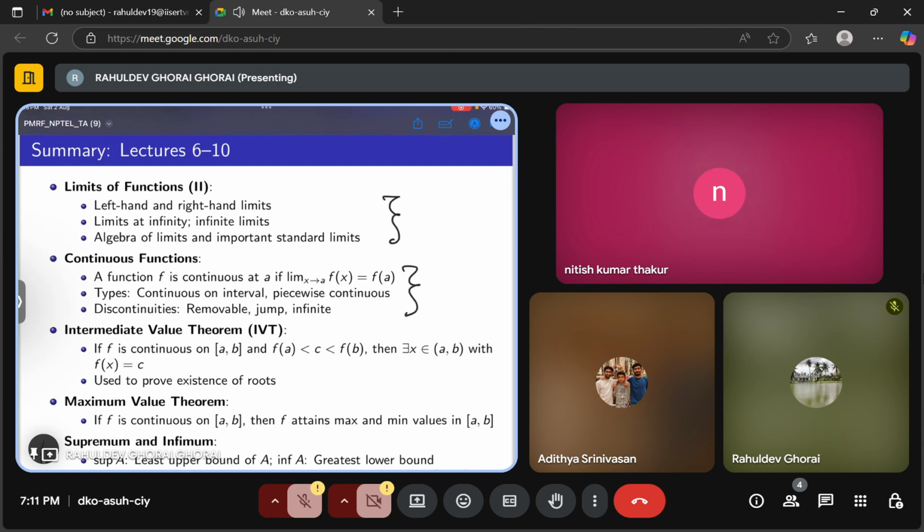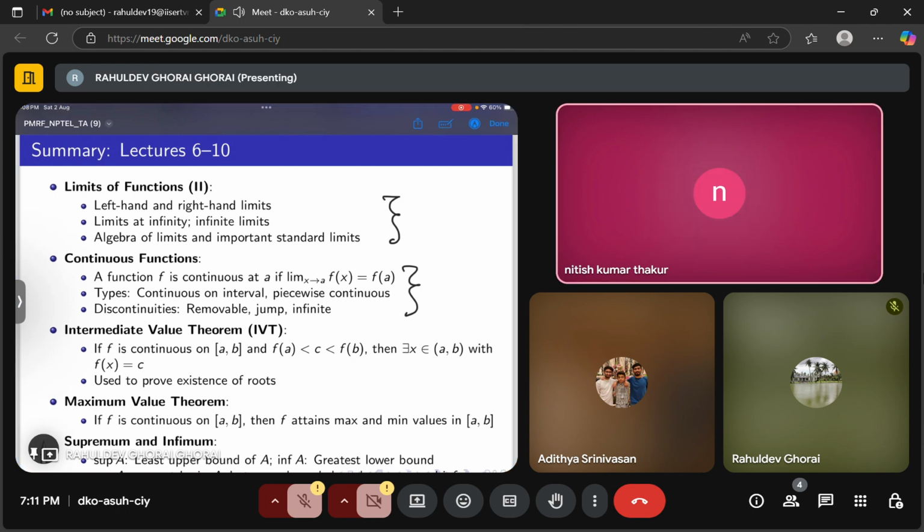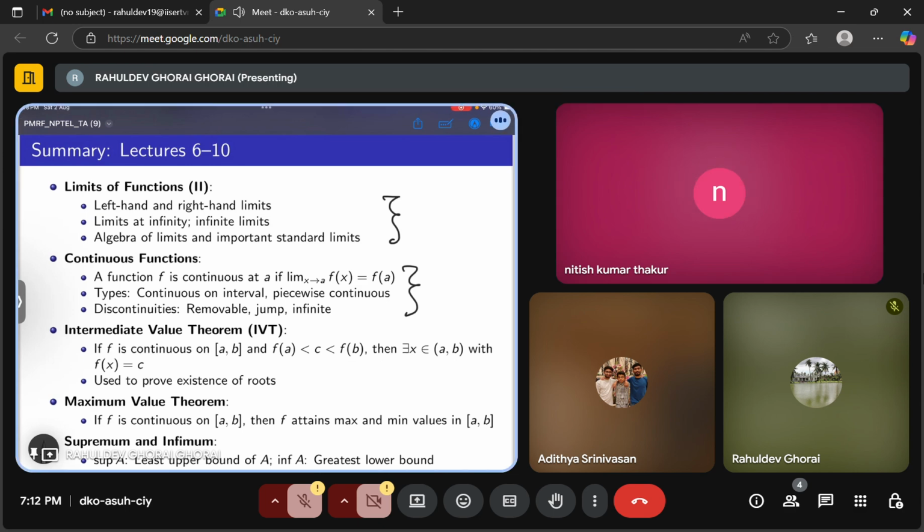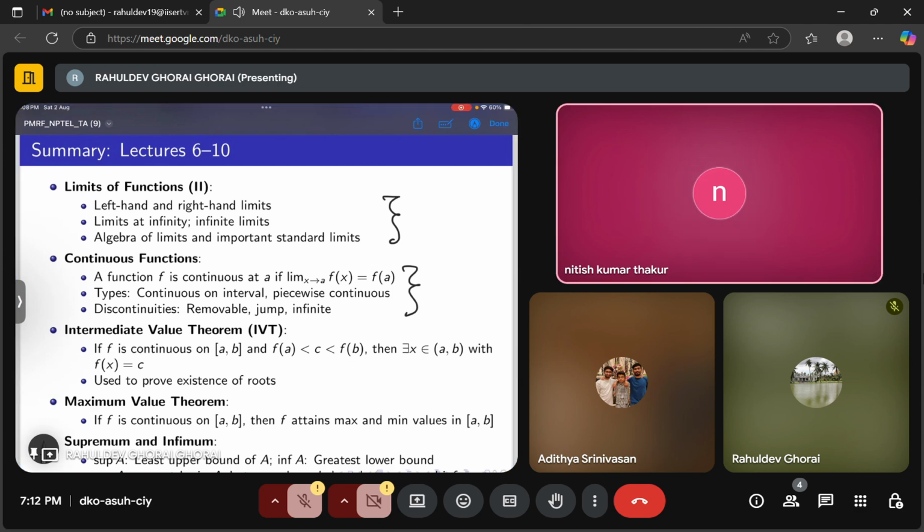Sir, when we open the Swayam portal, then in the navigation bar, on the left side at the bottom, all the features are shown. Problem solving session reminders, sir.